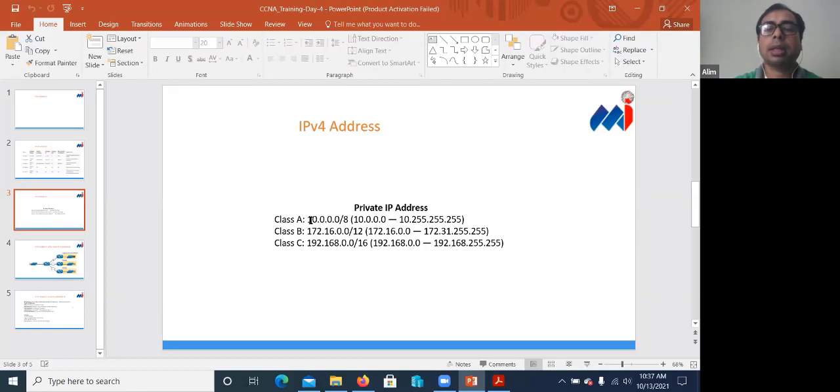For example, for class A, we have 10 dot something IP addresses, and the subnet mask was just 255.0.0.0. It was fixed, and for class B, we have 255.255.0.0 subnet mask, and class C 255.255.255.0. These are fixed, and it was responsible for wasting IP addresses.